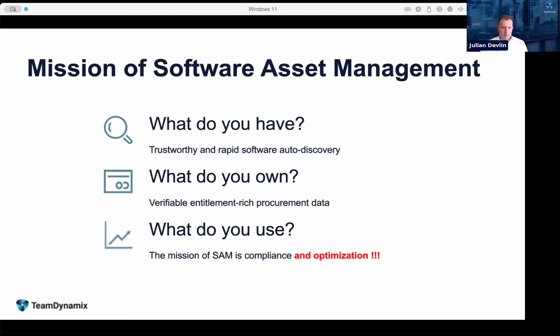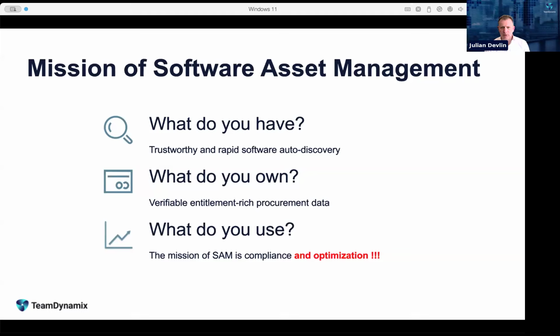The second part that you might have some better idea of to begin with is, what do you own? So what entitlements did you actually contract with vendors? What did you buy? How many did you buy? What were the metrics under which you bought? And then finally, what do you use?